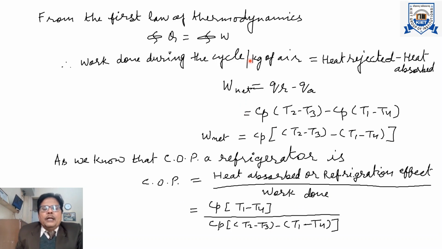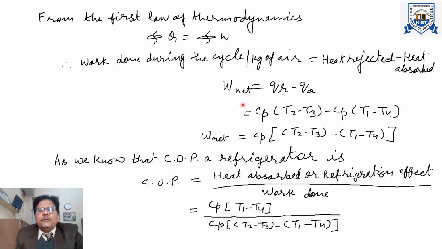As we know from the first law of thermodynamics, in a cyclic process, heat transfer equals work transfer. So the work done during the cycle equals the heat rejected minus the heat absorbed, because there are two types of heat interaction: one is heat rejected in the cooler and one is heat absorbed in the refrigerator.